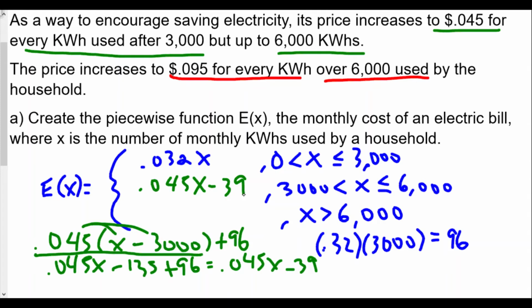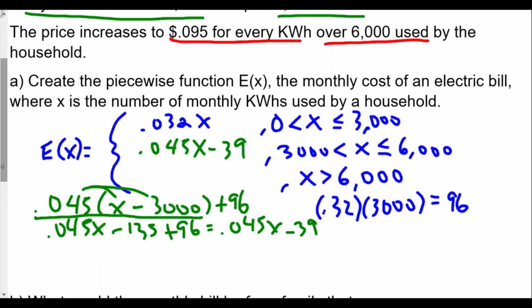Now, we have a third tier to get to. Our third tier would mean we have, in this case, 0.095. And that's only charged on the values above 6,000 kilowatt hours. So we're only going to be charging x minus 6,000, and that would be that portion of the bill.